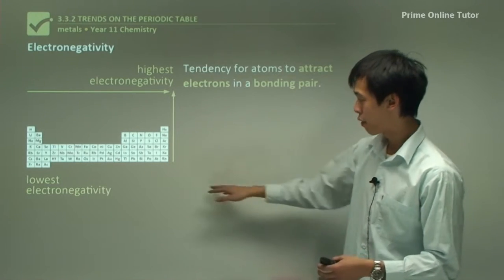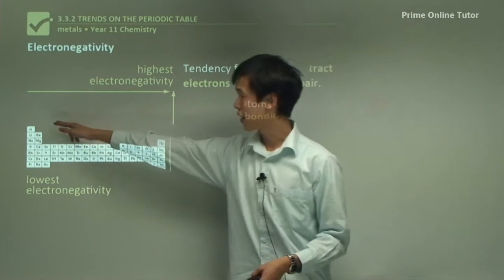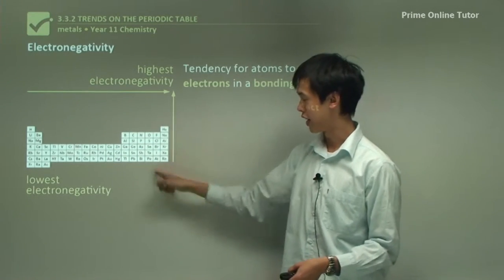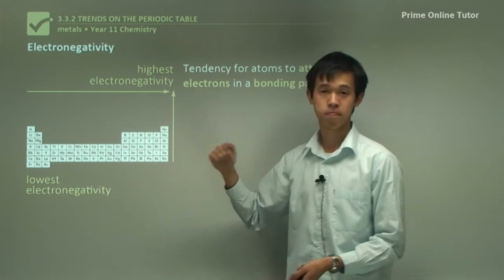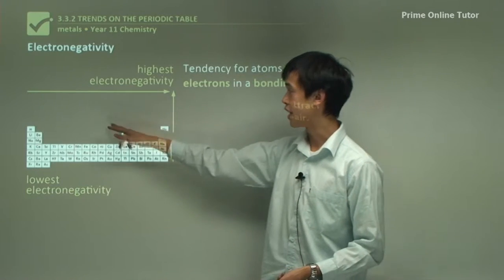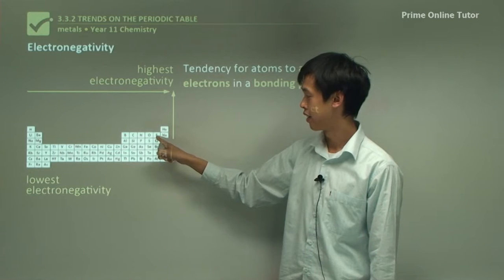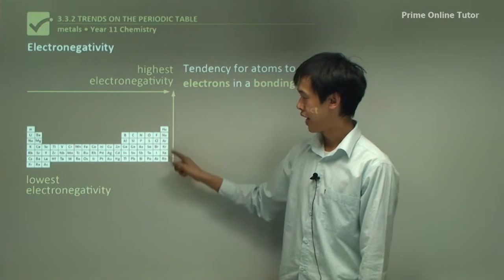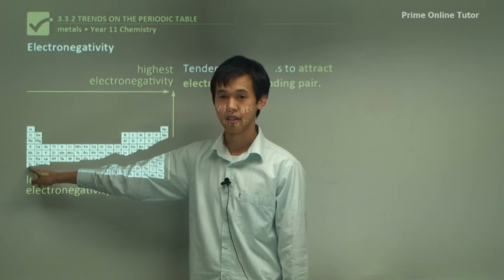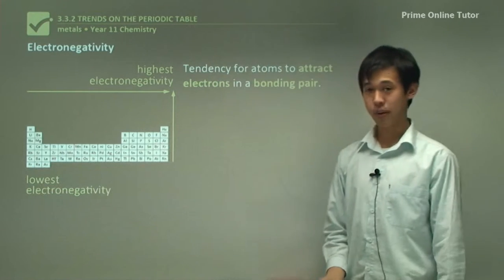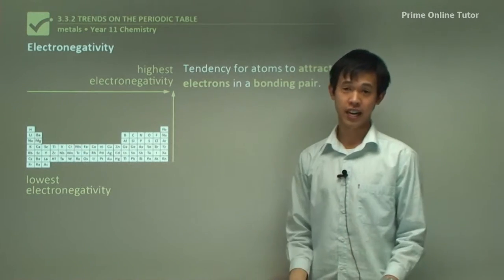Okay? And from this diagram you can see, if this is our periodic table, as we go across towards the non-metal group, towards the noble gases, we have increasing electronegativity. The most electronegative would be F, and the least electronegative would be all the way on the other side down to here, francium. Now if you think about that, group 1 metals always want to get rid of their extra electron, right?